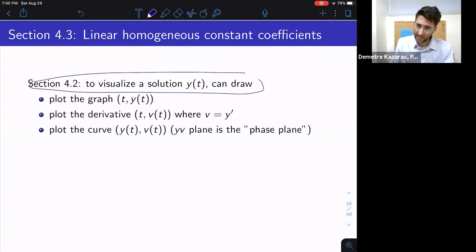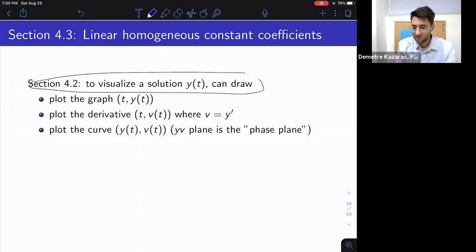We won't do this. For second order equations, the story is much more complicated. You don't have just a formula for the derivative of your function. A second order equation is much more complicated. It's saying a lot more about your function.